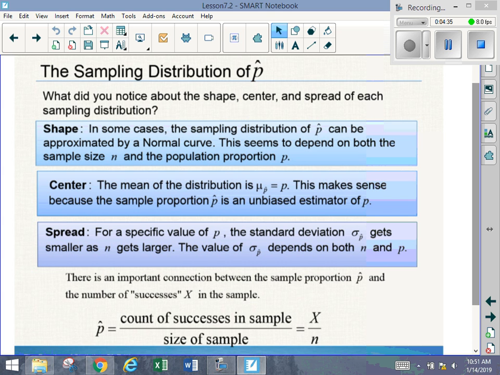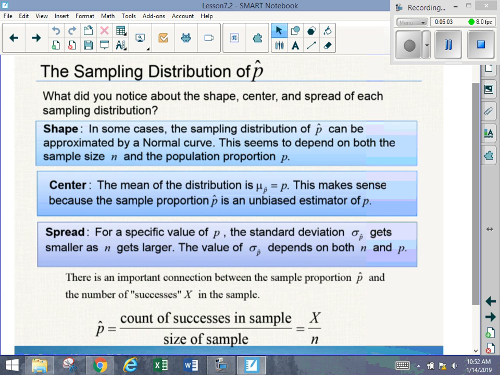So we assume that the mean of the sample proportion is equal to the actual proportion, right? The population proportion. Our sample proportion will be an unbiased estimator of our population proportion. So that's why we're allowed to do that.